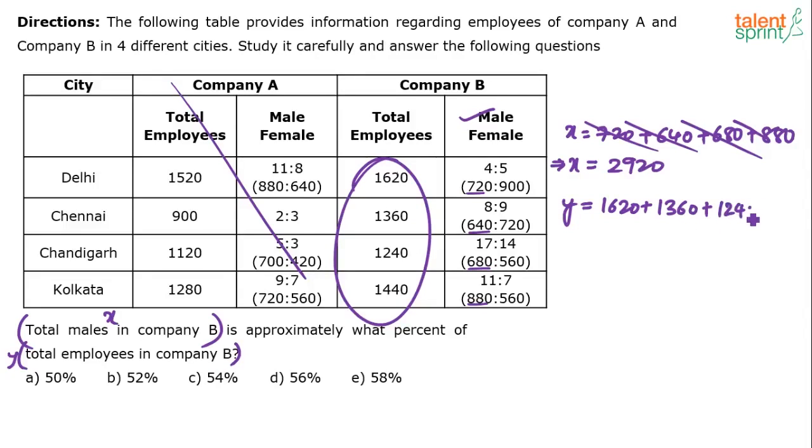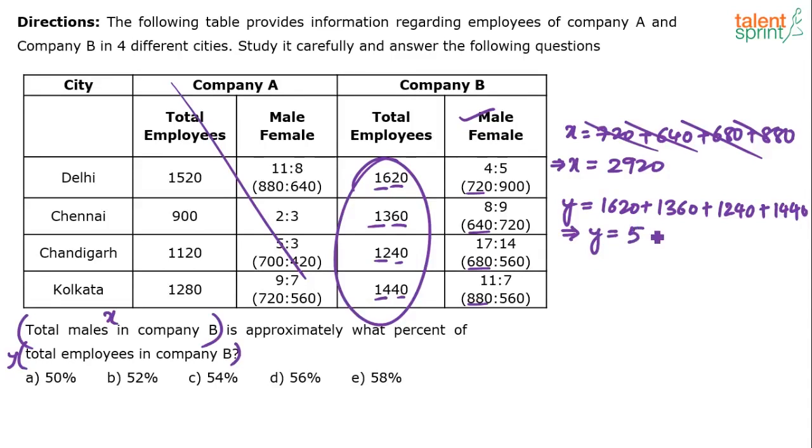Don't make it complex by putting it on paper. 1600 plus 1300, 2900, 2900 plus 1200, 4100, 4100 plus 1400, 5500. Now add the tens places. 20 and 60 is 80, 80 and 40 is 120, 120 and 40 is 160. So 5500 plus 160, 5660.